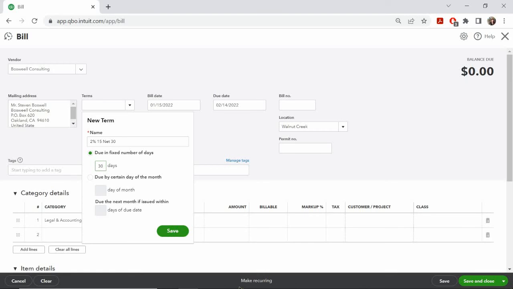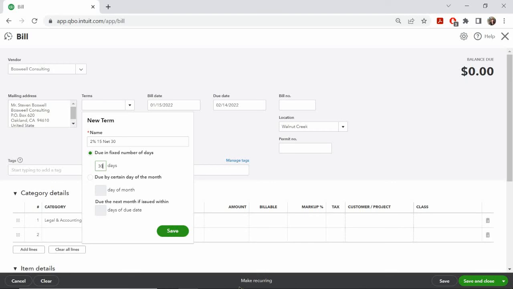So again, a credit card bill is usually due on an exact date, which we call date-driven, where it's every single day of the month. So for example, you have a credit card, you're going to receive the billing statement every 20th of the month, meaning your payment is due on the 20th of every month, right? So that's going to be date-driven.